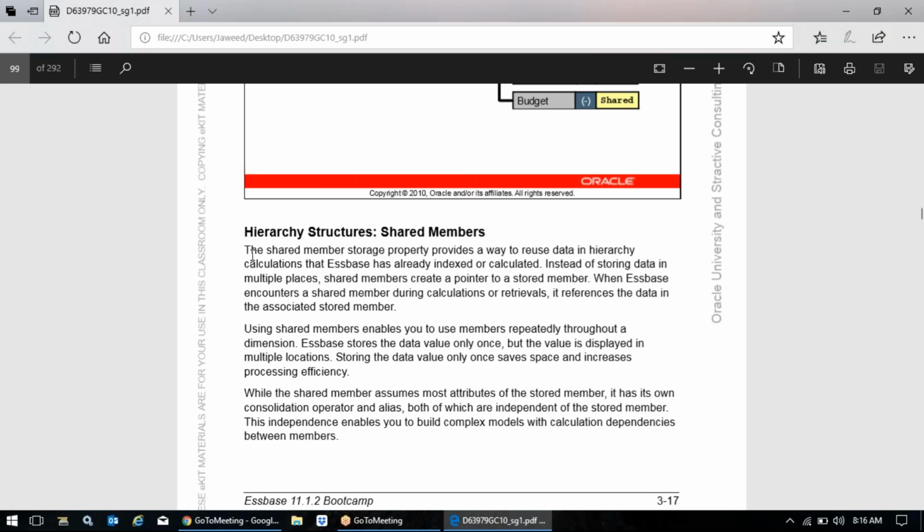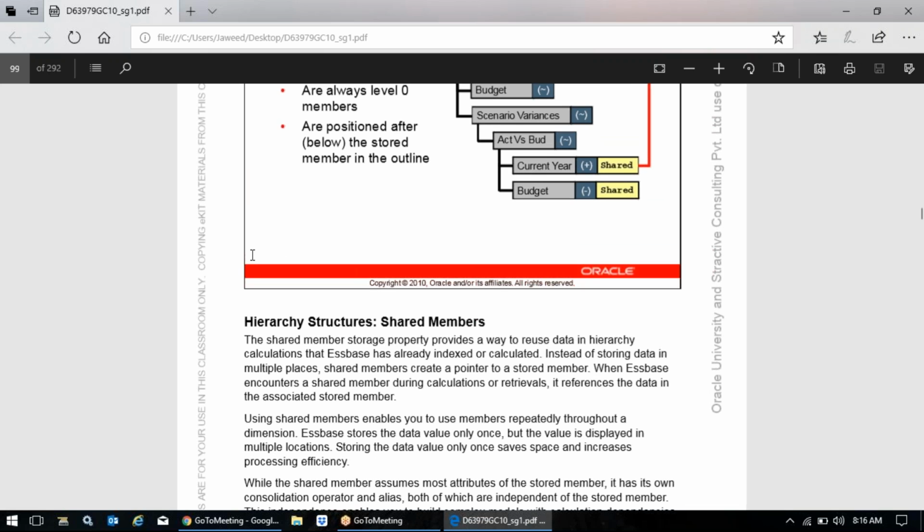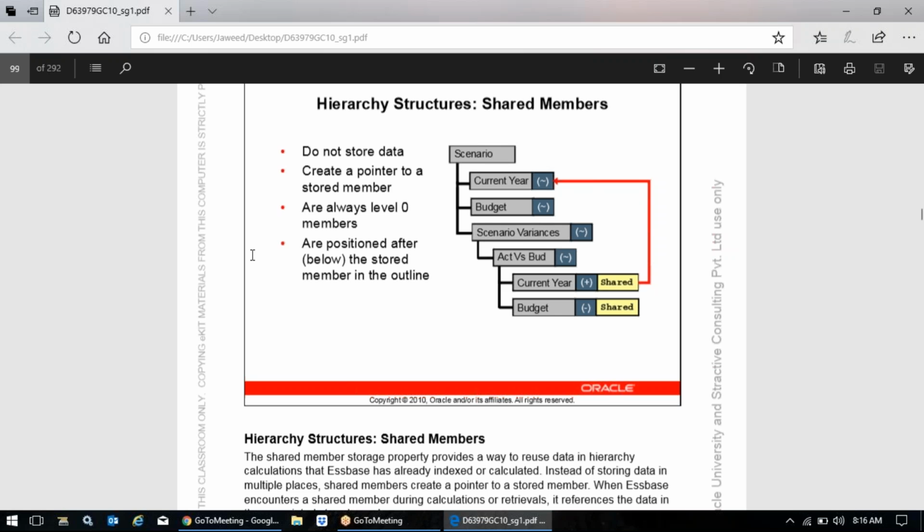Now, how are you marking them as shared? What they did here is, first thing, the shared members don't store the data. They just point to a particular stored member.